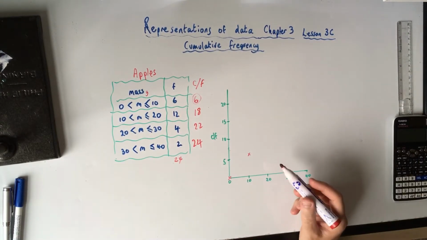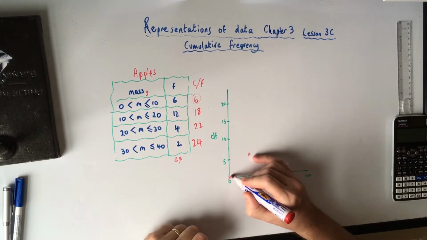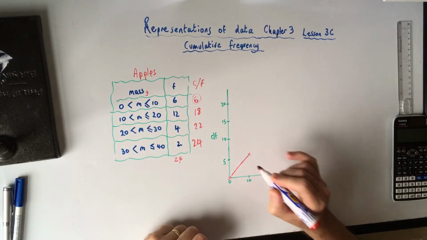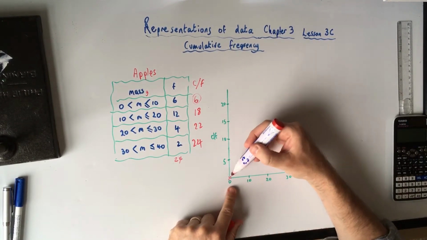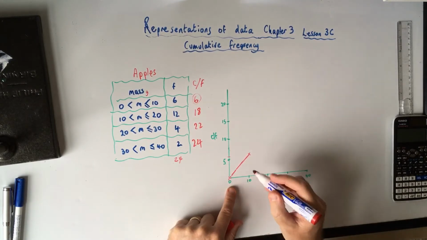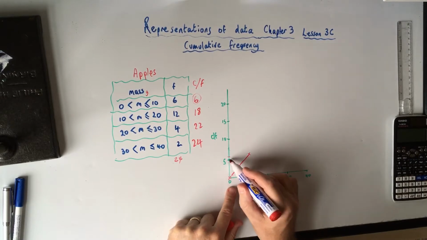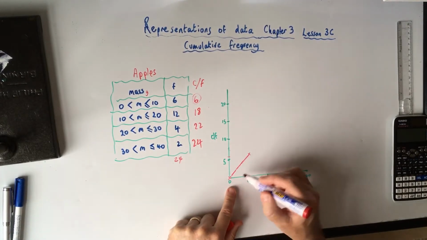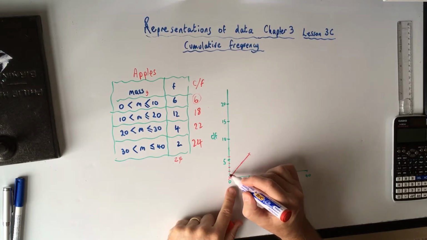Now, why it works out as interpolation: if we were to join this up with a straight line, then what that straight line does is, because that's up to 6, that means the 6th apple weighs 10 grams. The 5th apple, we can actually read it off. And that straight line divides 4, 3, 2, 1.